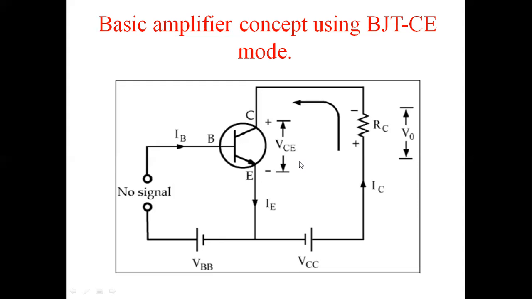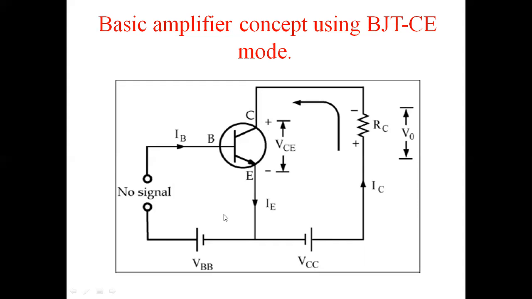Meanwhile, the collector base junction is reverse biased by the battery VCC. Let me tell how. Here the collector terminal is N-type and the VCC battery terminal connected to it is the P terminal. If N-type is connected to the P terminal of the battery, then it is said to be reverse biased.